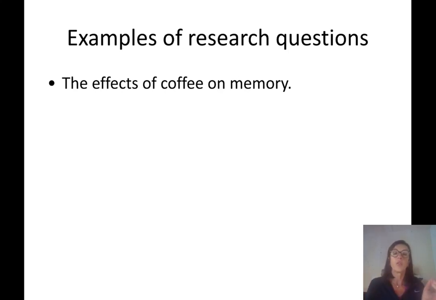I test one group and I give them coffee before the memory test. And the other group, my control group, does not get any coffee before the memory test, and I give both groups the same memory test. So now I can say I manipulated coffee.